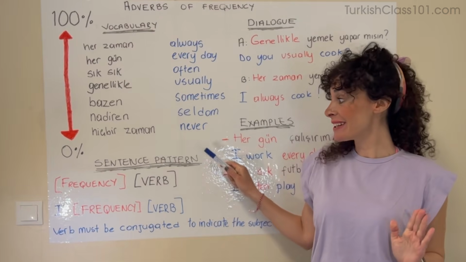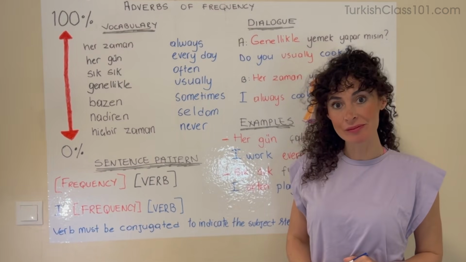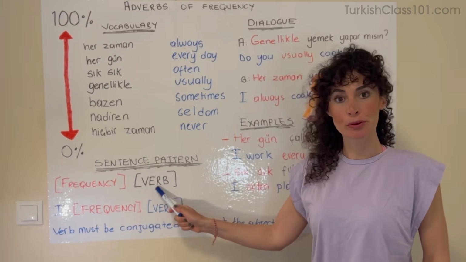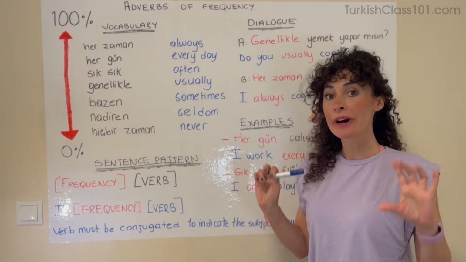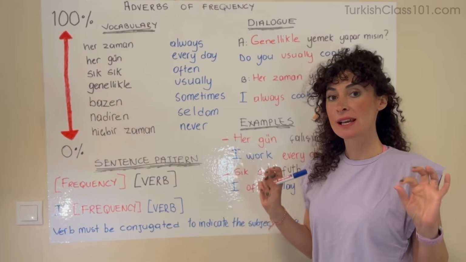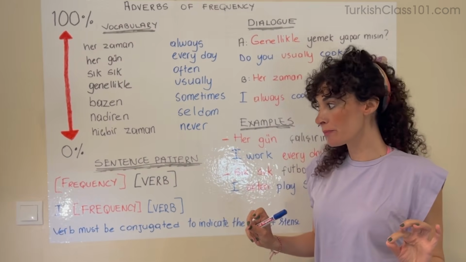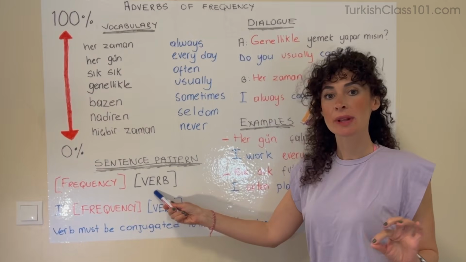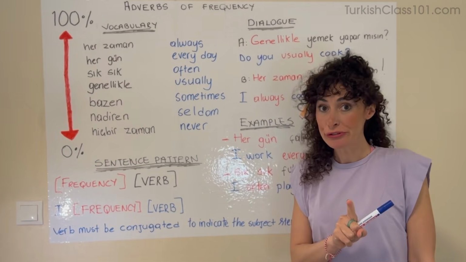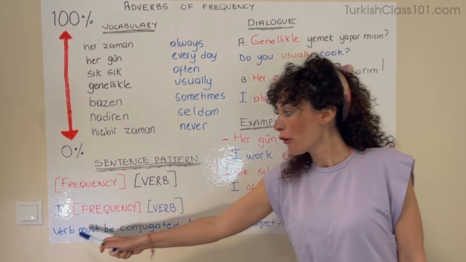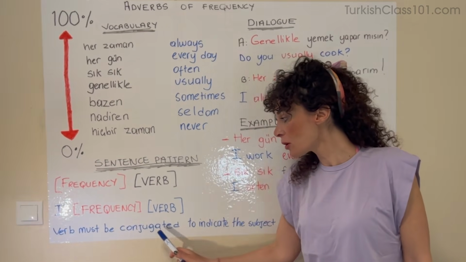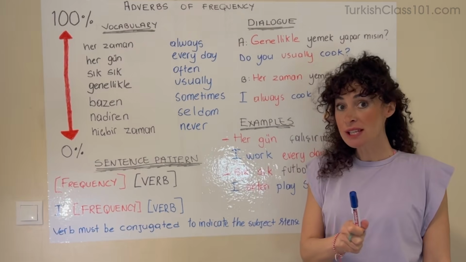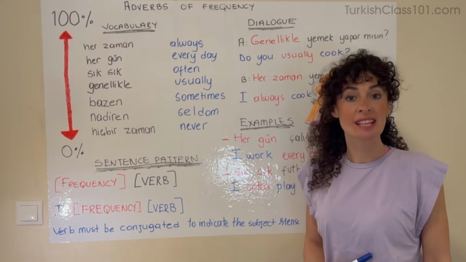Let's look at the sentence pattern. Frequency, verb. This is how the Turkish pattern is structured, okay? Frequency adverb plus verb. And don't forget, in Turkish, the verb must be conjugated to indicate the subject and the tense.